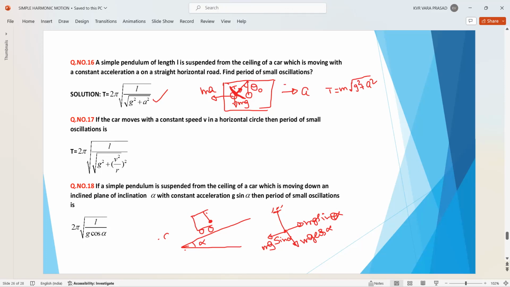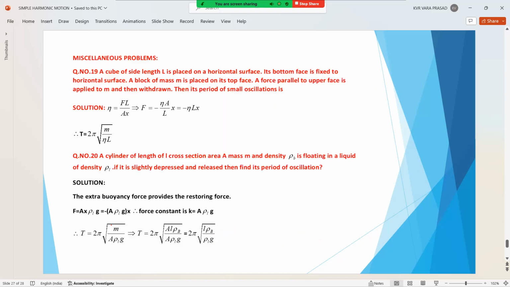That means the string is now normal to the inclined plane and it oscillates about that position. It oscillates like this. The mean position is normal to the inclined plane. So simply replace the g value with g cos alpha, right? Let us go for the next problem.